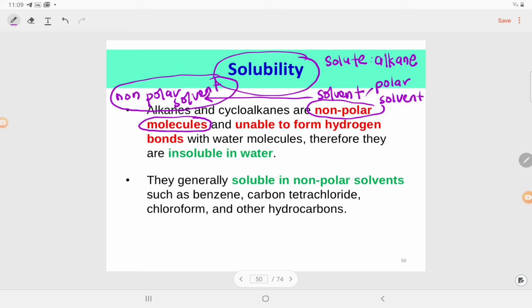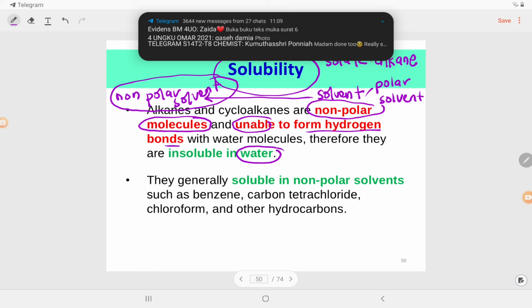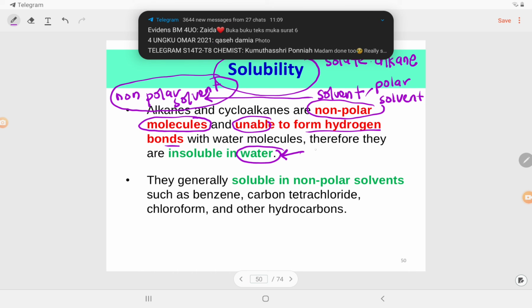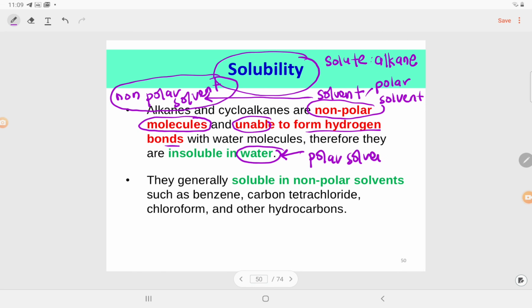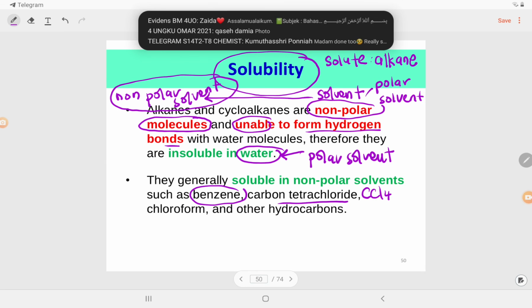So we can conclude that all alkanes are unable to form hydrogen bonds with water molecules, because water is a polar solvent. So we can state that alkanes can dissolve in non-polar solvents such as benzene, carbon tetrachloride or CCl4 solution, chloroform and other hydrocarbons.